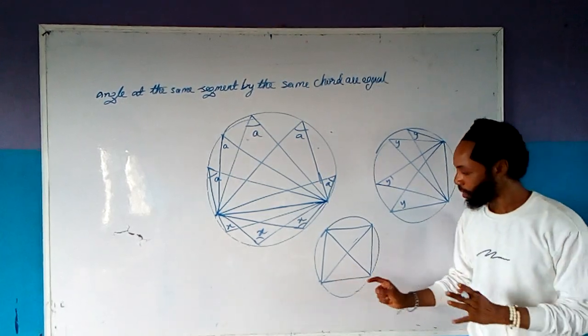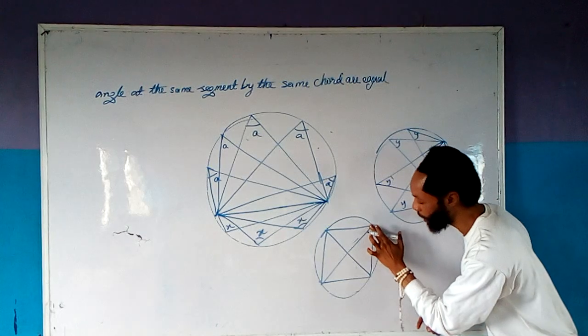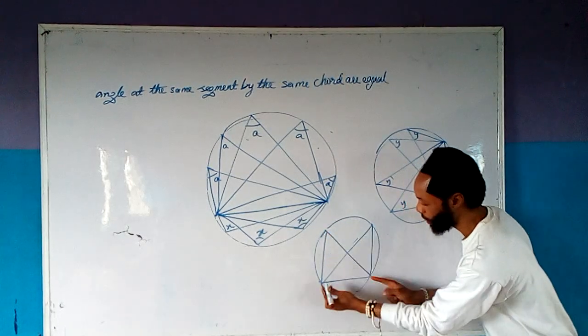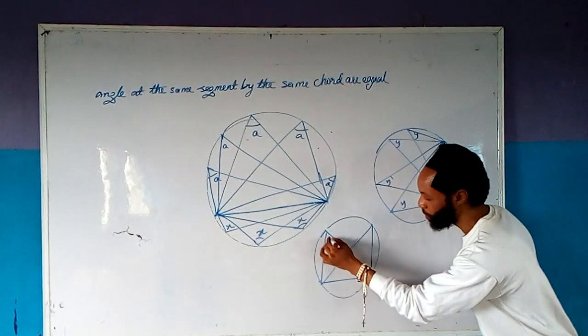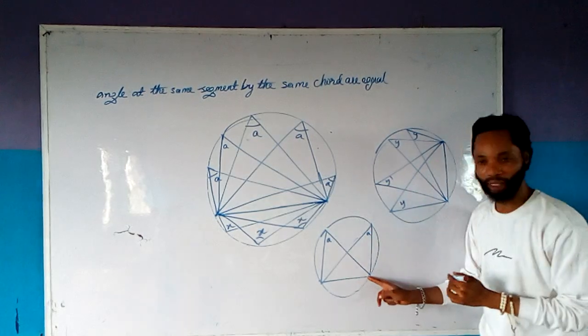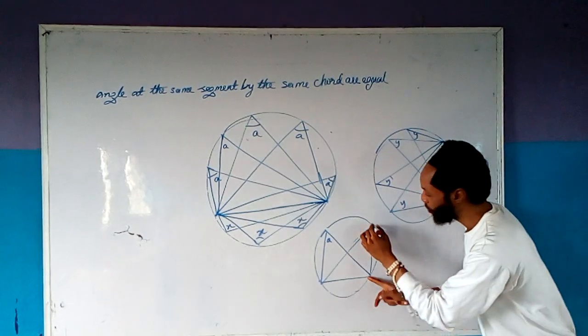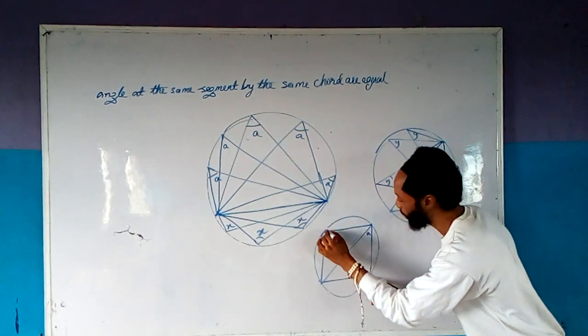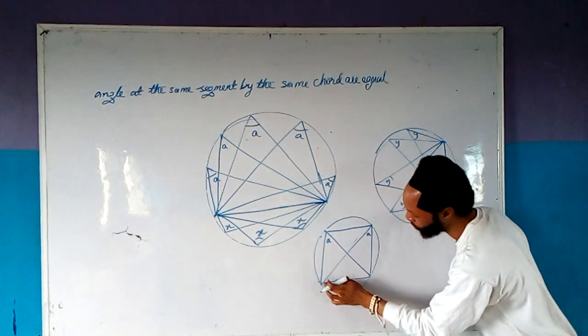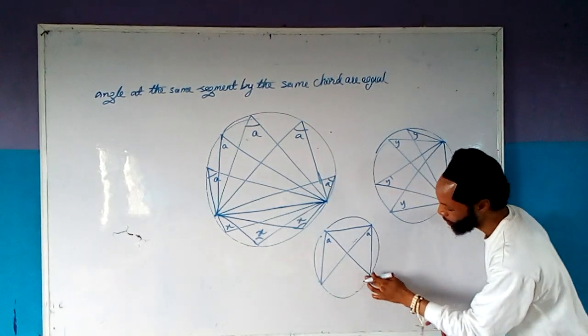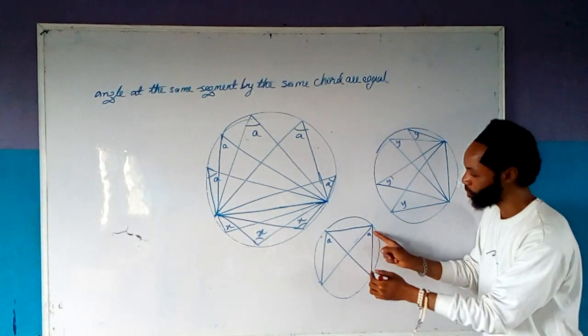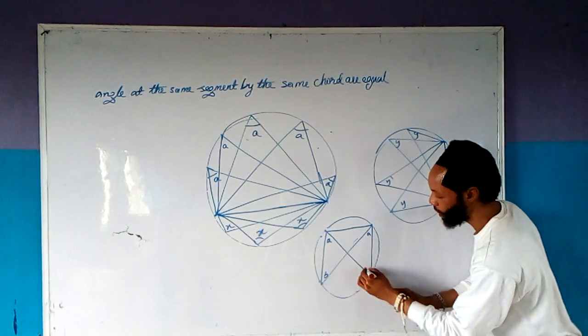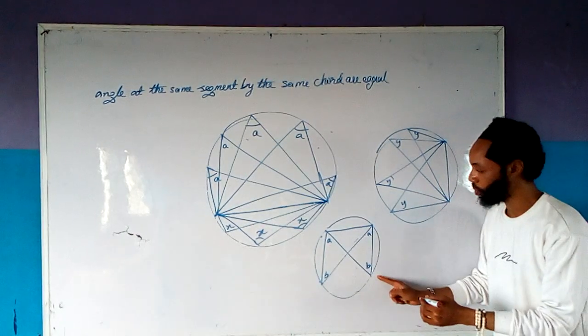But if you look deep, if you clean this chord here, you can tell that these two, if you name this A, this will be A. Have you seen it? Now if you bring the chord back, if you clean this chord here, you can tell that this angle is B, here will be B. They will be equal.